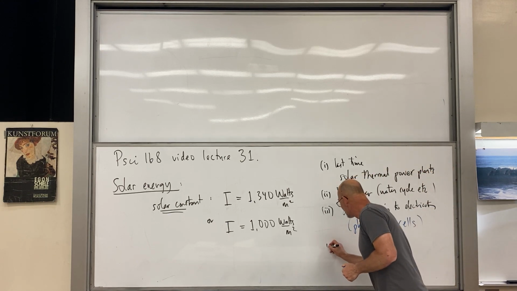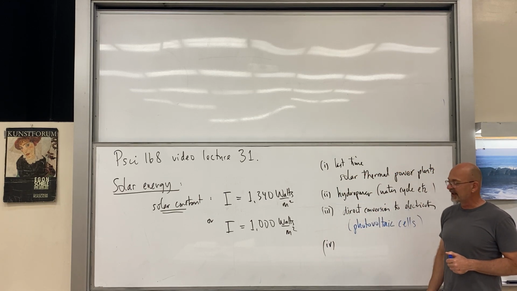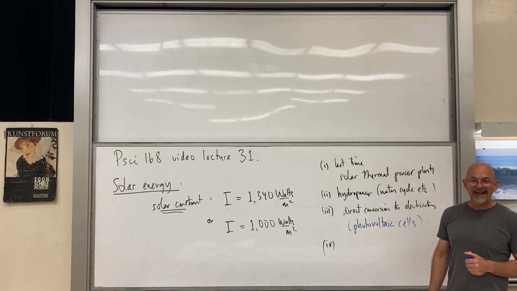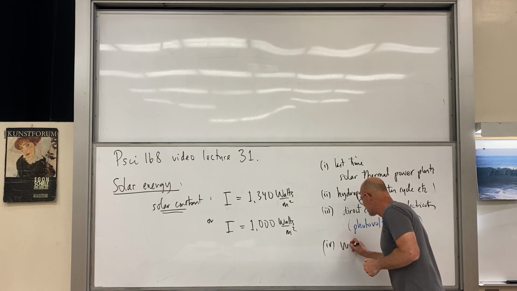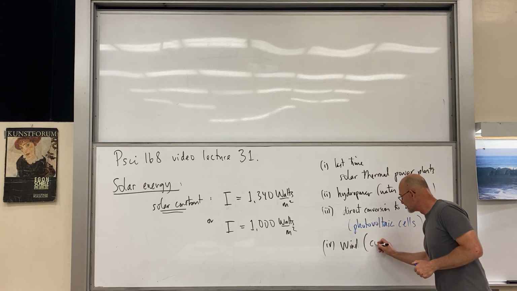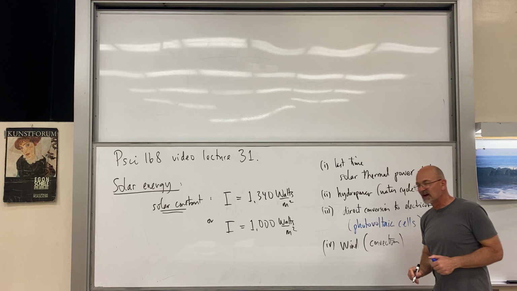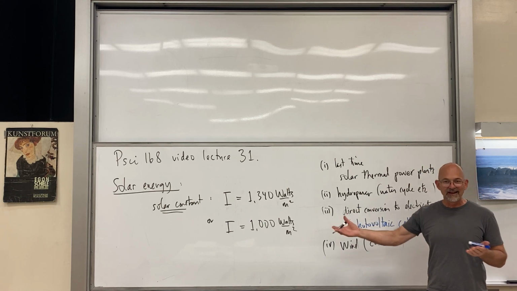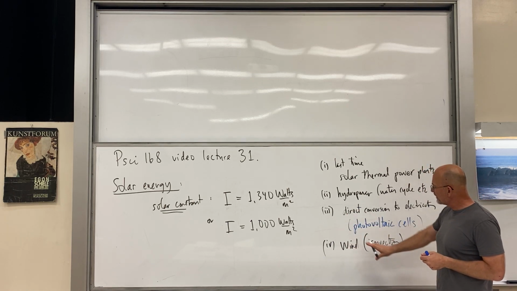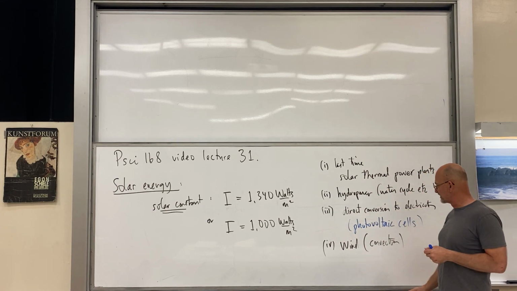Another one, and this is what I'm going to talk about today, is wind energy. So wind, we know that's convection. And convection is due to uneven heating, which means there is heating going on. So that's why I'm including the wind energy in the whole solar energy chapter, because it's so broad.